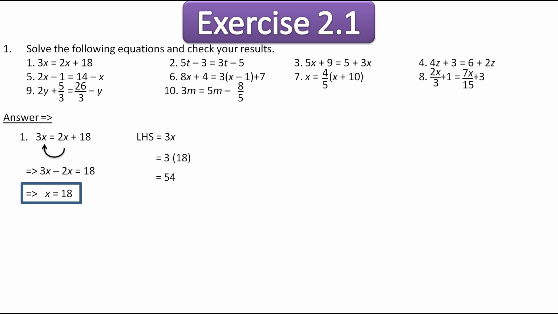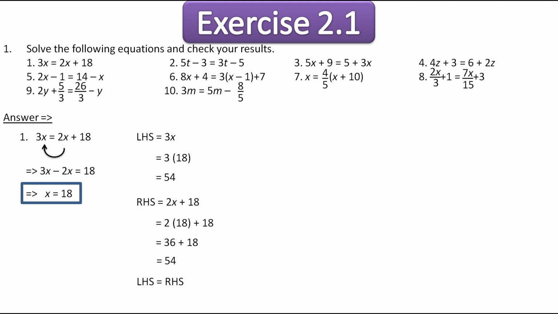So we got the value of the LHS part as 54. Now let's check for RHS. In RHS we have 2x plus 18. So in place of x we have to write 18 here. Now 2 in the bracket 18 plus 18. 18 2s are 36, plus 18, which is equal to 54. So what we got? We got LHS is equal to RHS. That means our solution is correct.